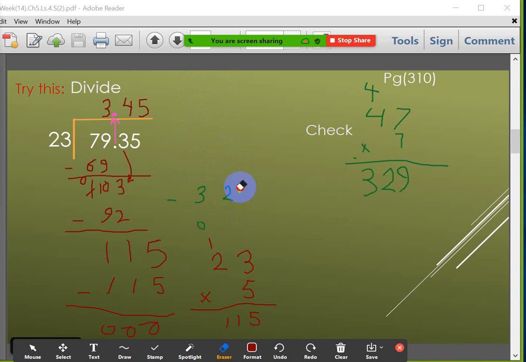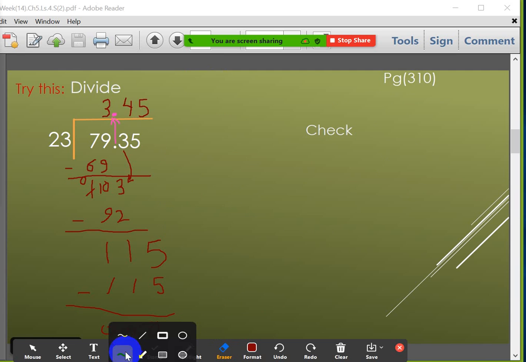Hundredths. Okay, girls, stop typing, and please, girls, if you didn't stop on the chat, I will close the chat. Please stop typing on the chat to your friend, and stop typing too many times. Just type one time, okay?